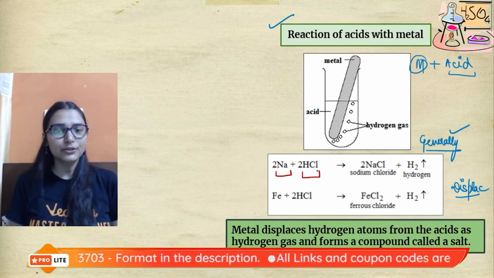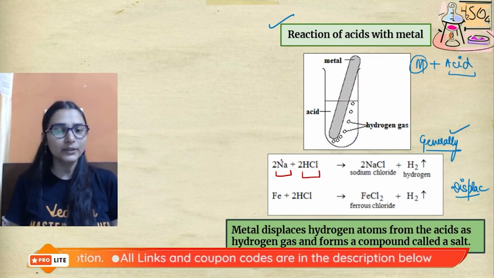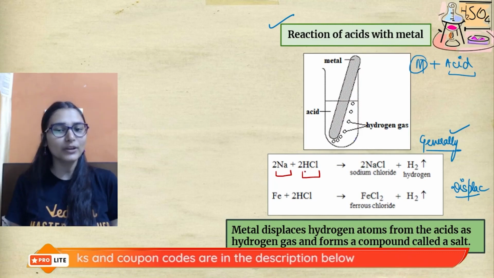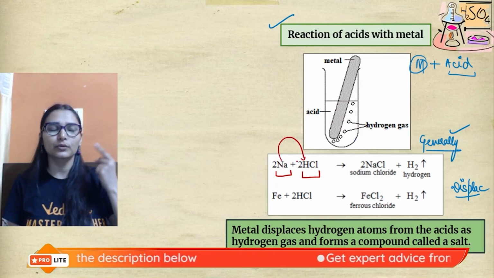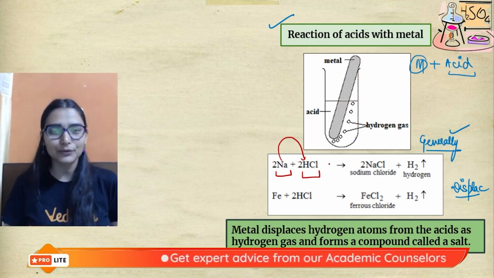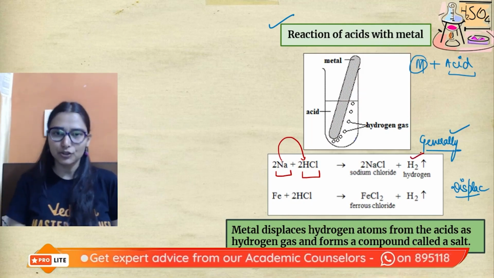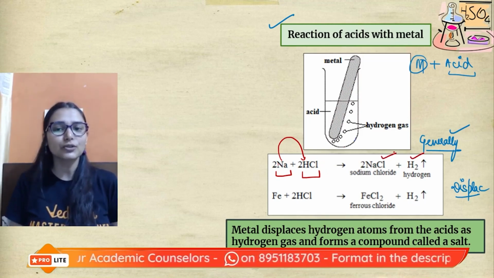Now what is going to happen? This is a metal reacted with an acid. So what will happen? This metal sodium is more reactive than hydrogen. So sodium says to hydrogen, you go out. Sodium will be displacing hydrogen. Hydrogen goes out as H2 gas, and sodium will combine with chloride ions to give the salt.